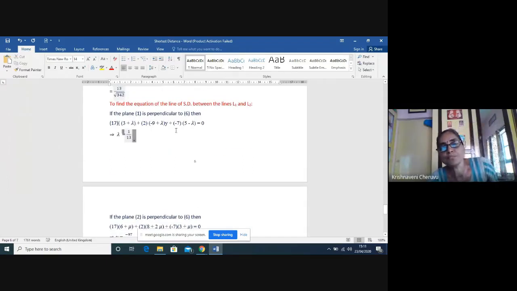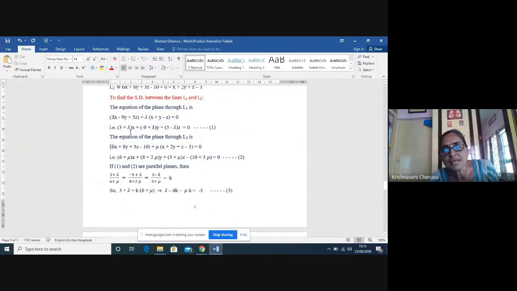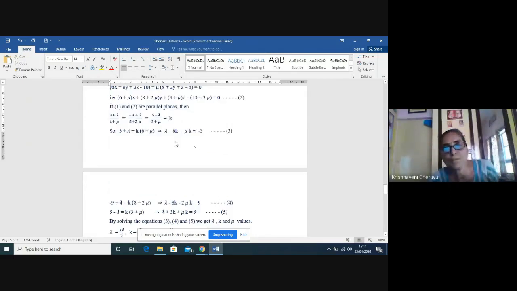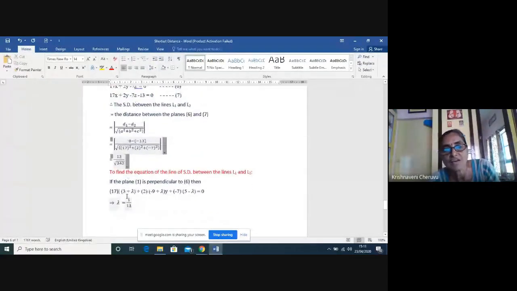So for the equation of the plane, if you see plane 1, the drs of the normal to the plane are 3 plus lambda, minus 9 plus lambda, 5 minus lambda, whereas the drs of the normal to the plane 6 are 17, 2, minus 7. So when plane 1 is perpendicular to 6, a1 a2 plus b1 b2 plus c1 c2 is equal to 0, from which you get lambda as 1 by 13.